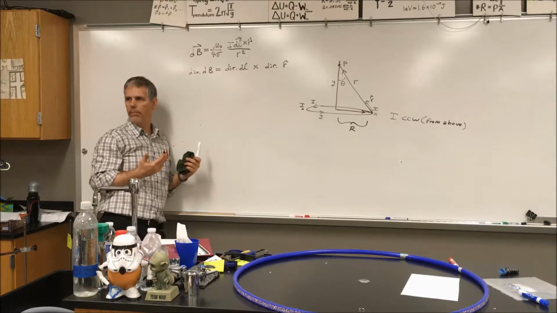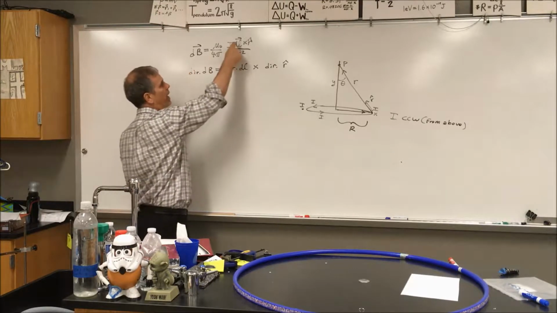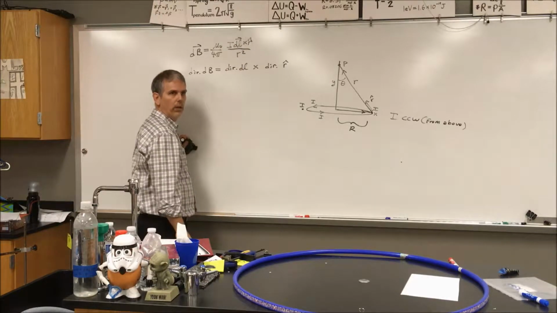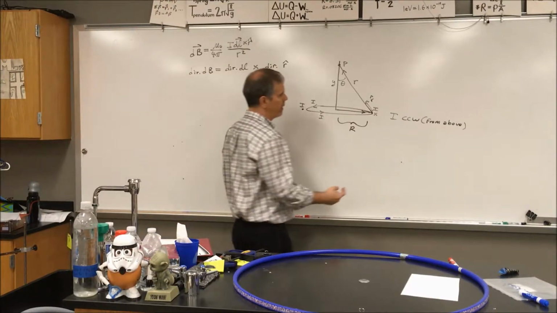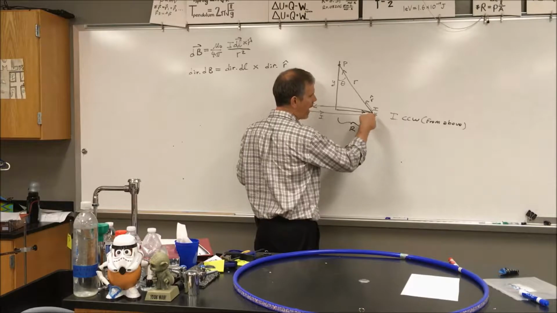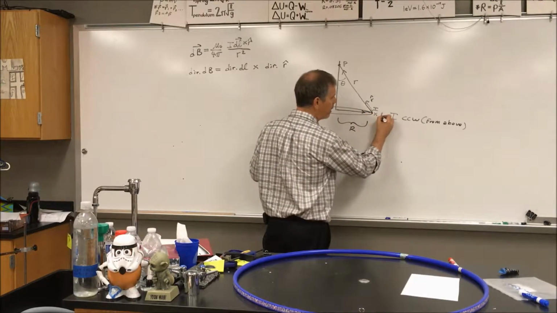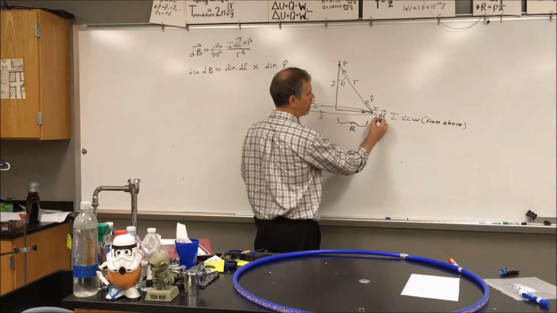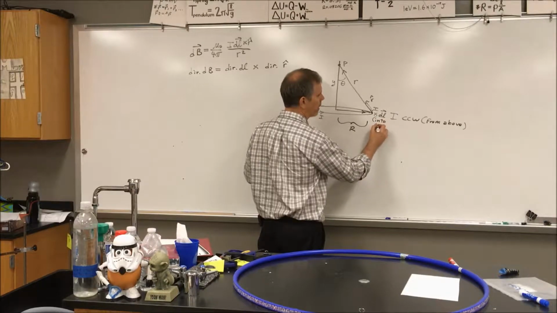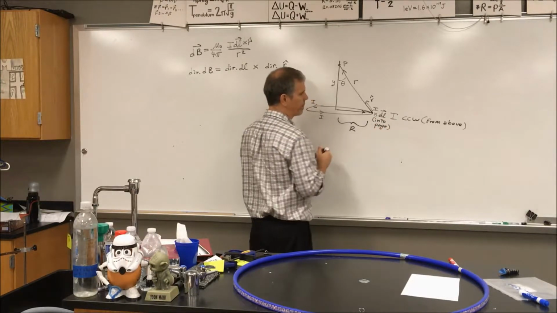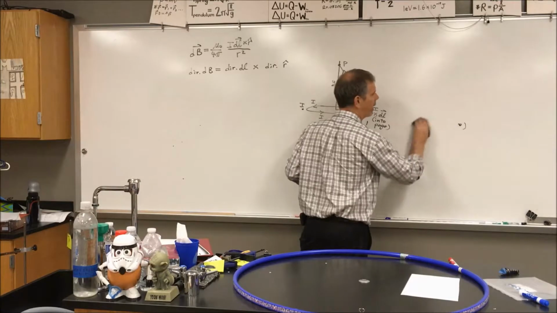Can you see it now? That's what it says. This direction equals that direction cross that direction. Here I is going into the page, or dl is going into the page. Are we all in agreement with that?